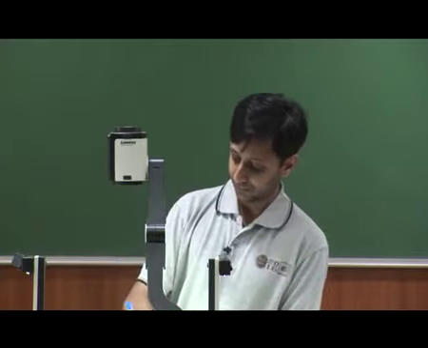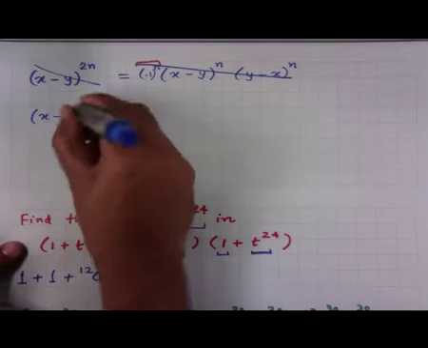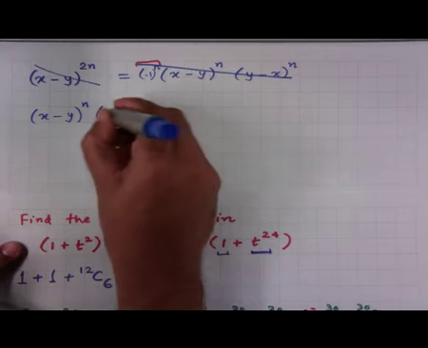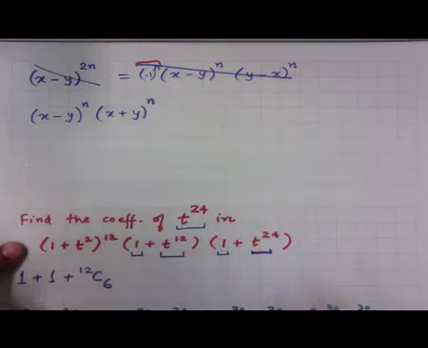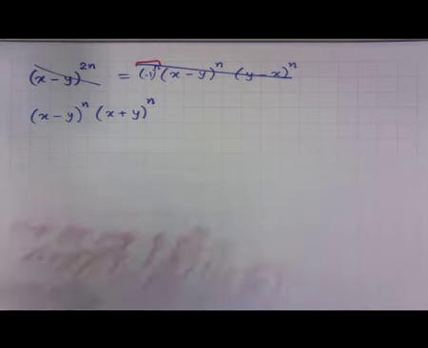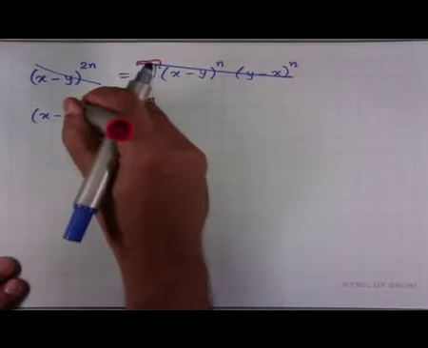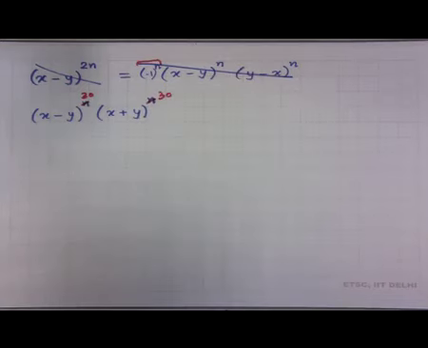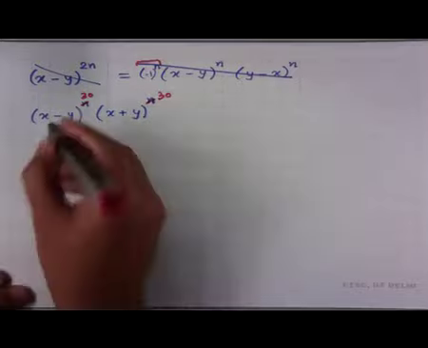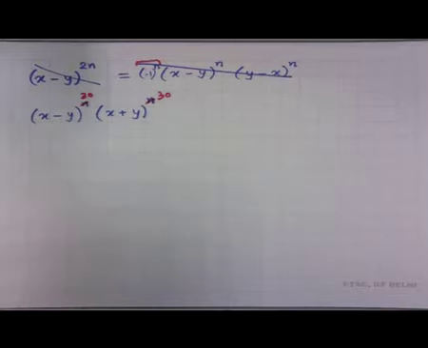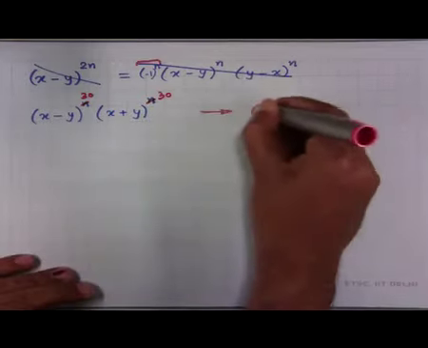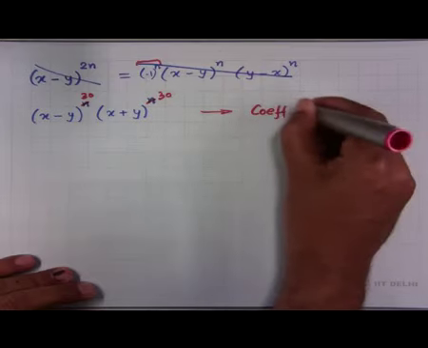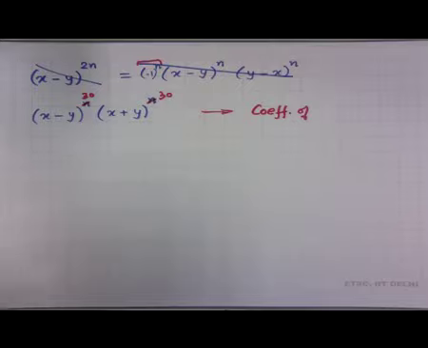Okay. You need something a little smarter. What if we try x minus y whole power n times x plus y whole power n? What if we try that? And by n over here I mean 30. If you try something like this, x minus y whole power 30, let us look at which coefficient do you want to look at?